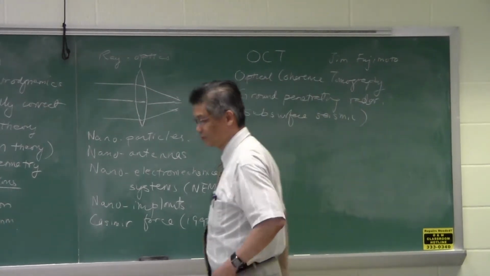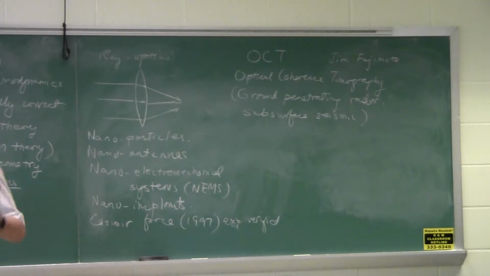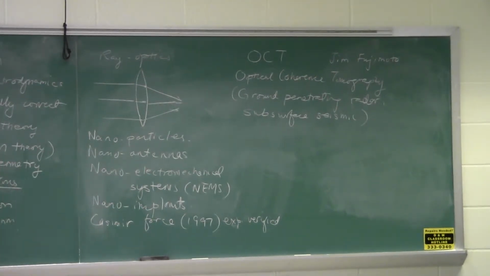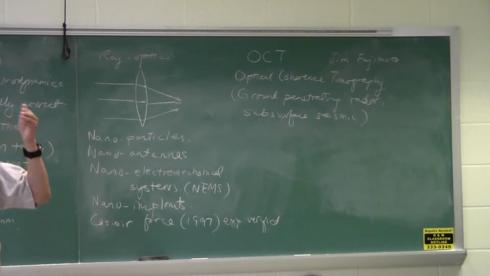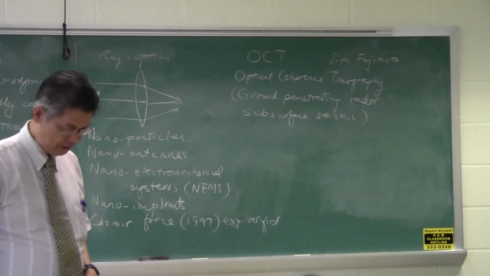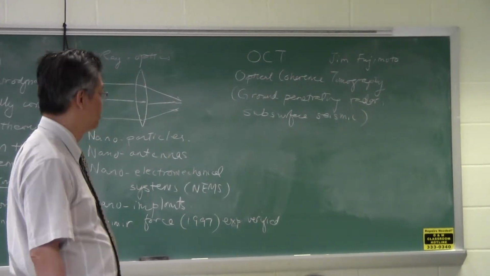He was the first to do it using optical frequency, and he became very famous for being able to do this experiment at optical frequencies by sending light pulses into the human eye and looking for echoes, then using coherence interferometric measurement to figure out what those echoes should be, and from that you can infer what the profile of the human tissue should be.